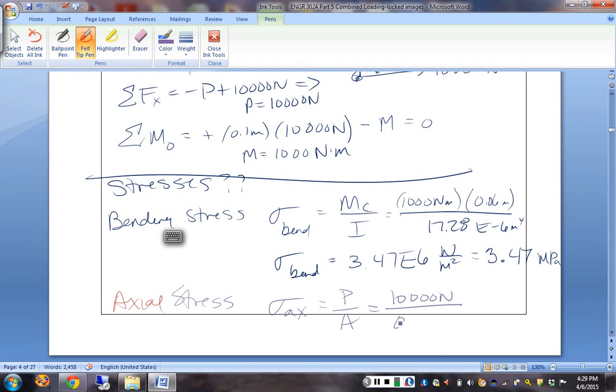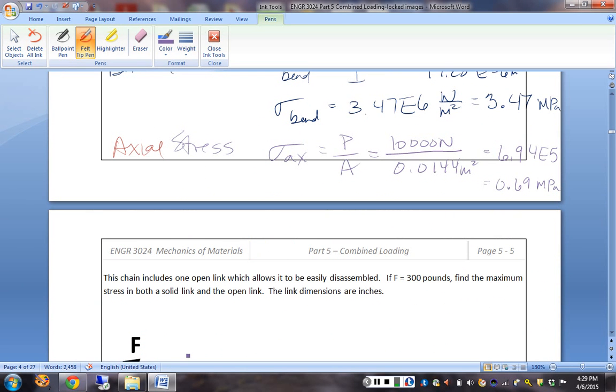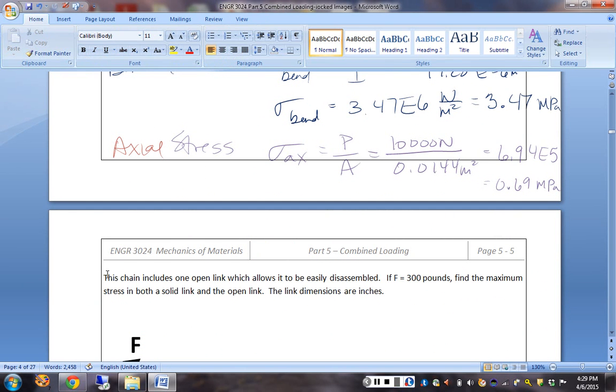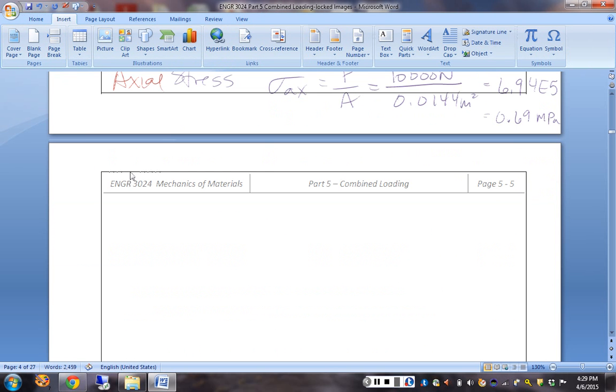The area is 0.0144 meters squared. So 6.944 E5, or 0.69 megapascals. All right. So give me another page.